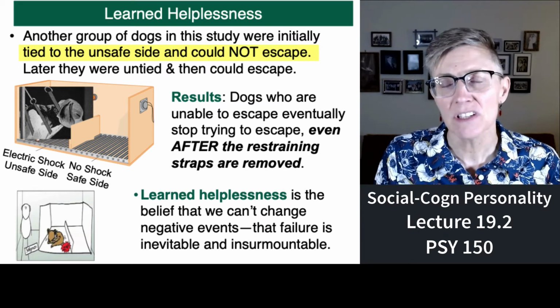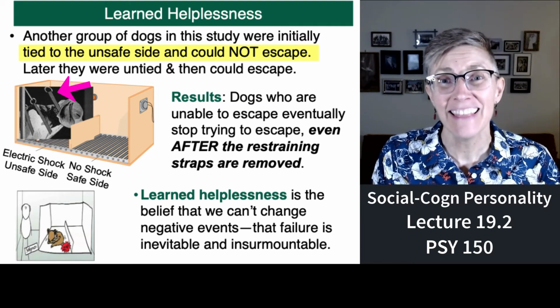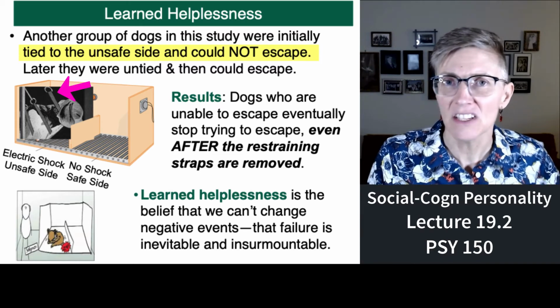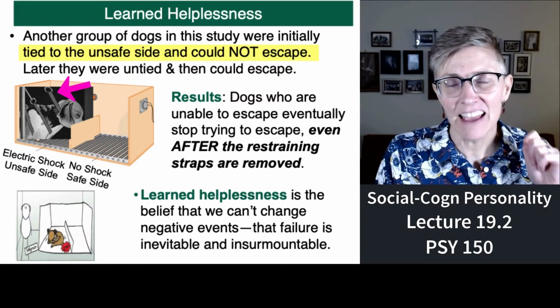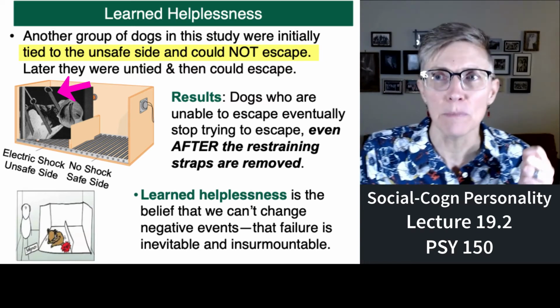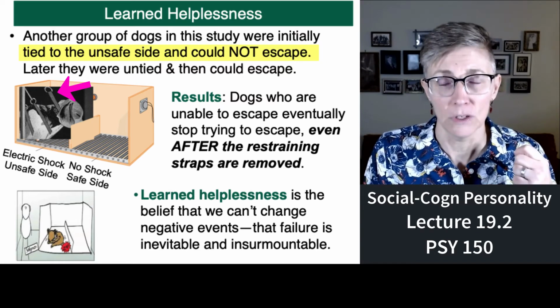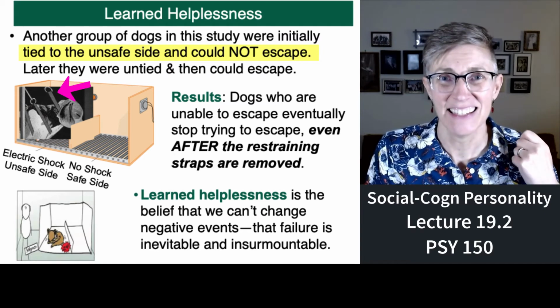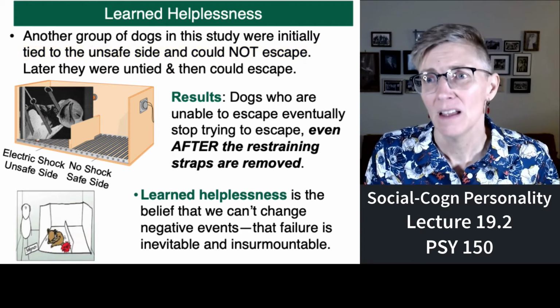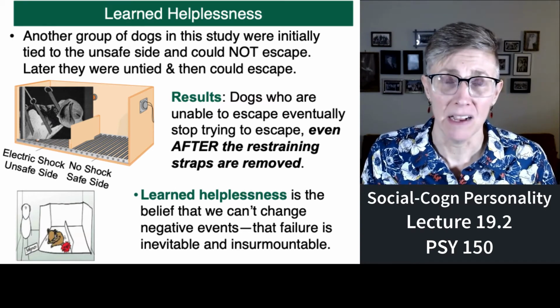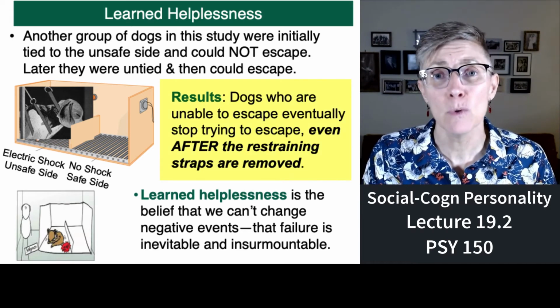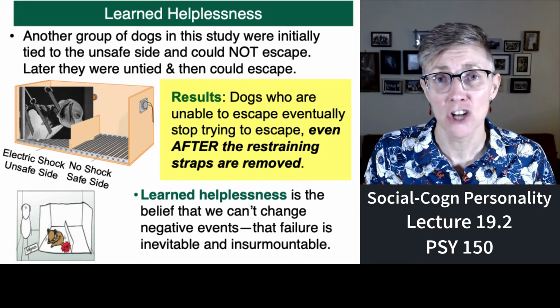So this is what Seligman did. Same study, but in this case, the dog has a leash that's attached to the side of the box. There's nothing that dog can do to escape the electrified floor. The dog just has to take it. Then later, you put that dog in another box and you see whether that dog will escape a shock in that other box.